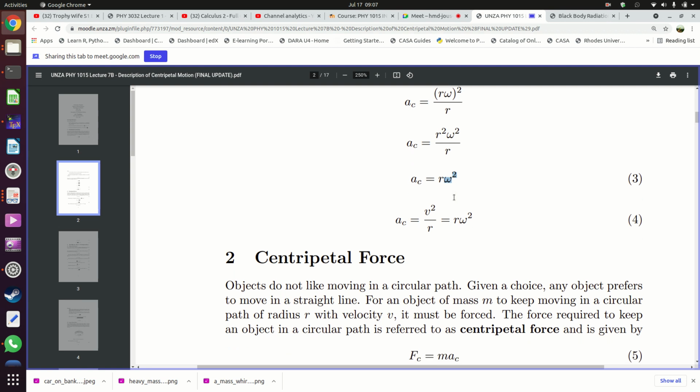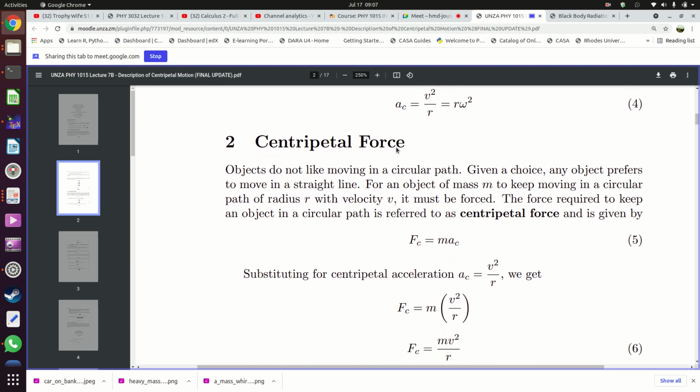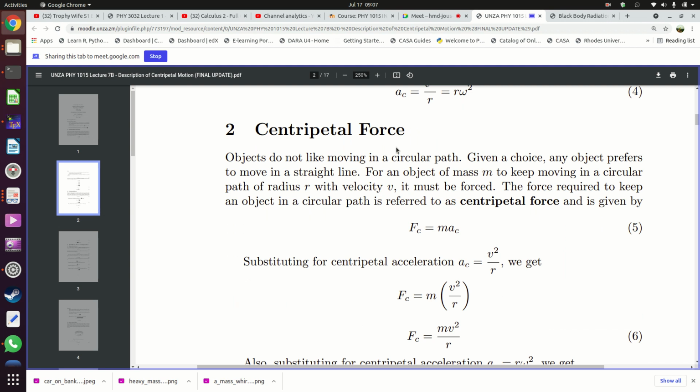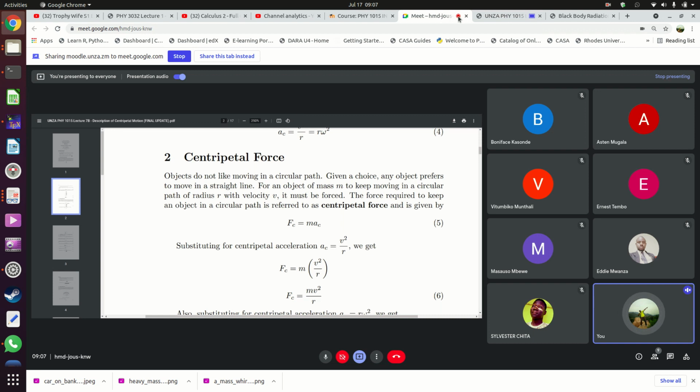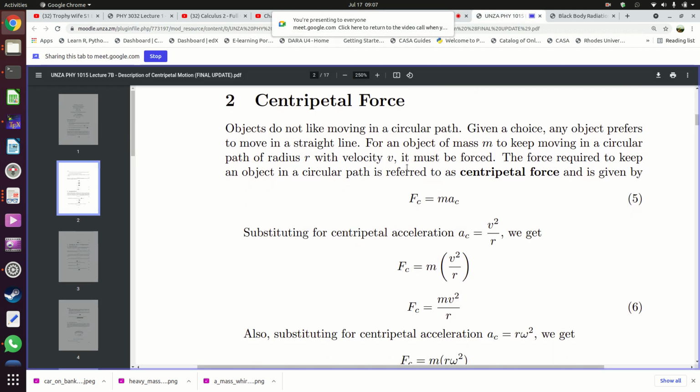So there are two ways of finding the centripetal acceleration: AC equals v squared over r, and also AC equals r multiplied by omega squared. This bit we saw on Thursday. The other thing we saw on Thursday was that if an object is undergoing acceleration, there must be a force causing it.